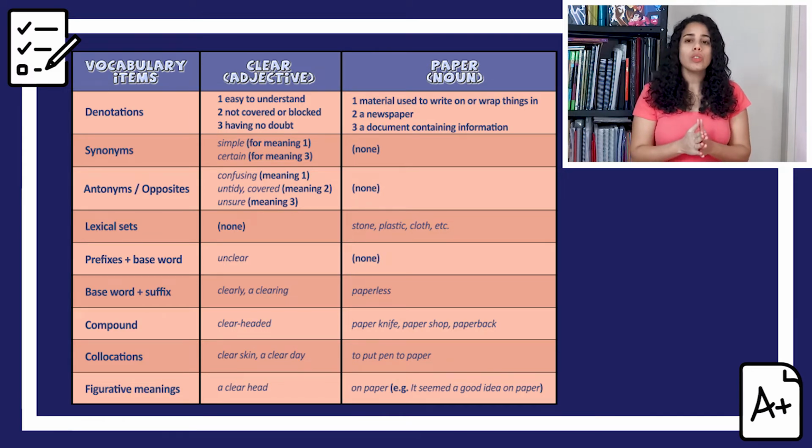Words can also change their denotation according to what part of speech they are. For instance, the adjective clear and the verb to clear. Another interesting aspect is that not all the words have all kinds of forms, as I've mentioned. That is not always possible to find synonyms for words, as very few words are very similar in meaning.